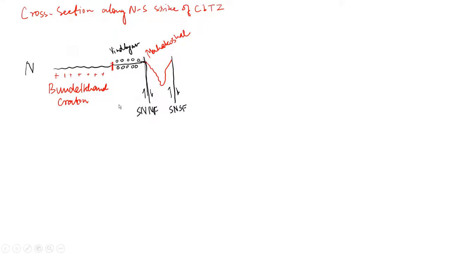South of the Mahakoshal lies the Macrohar granulite belt. The Macrohar granulite belt is separated from the Bethul Belt by the Balrampur shear zone.